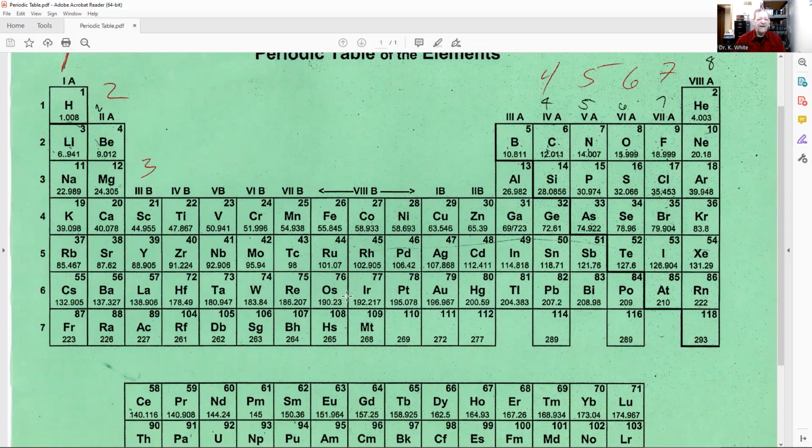All right. Calcium, you should know, has the chemical symbol of Ca. It's an alkaline earth metal right here. Atomic number is 20. Underneath, atomic mass 40.078.